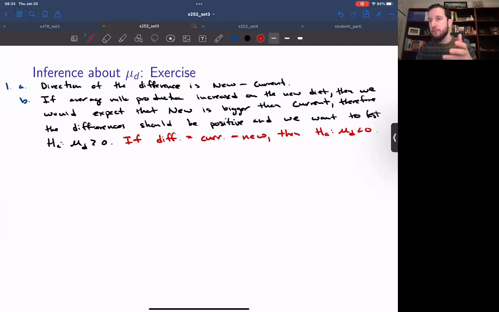In this illustration I did new minus current, but you could do current minus new and still test the exact same thing. Right as that question came in, I had written in red, say we switched the direction. So we did current minus new, but I still wanted to know if milk production increased on the new diet. Well, that means that the differences should be less than 0 if the new diet is actually increasing production. So if I had done current minus new, I just have to switch the direction of the test. Does that make sense?